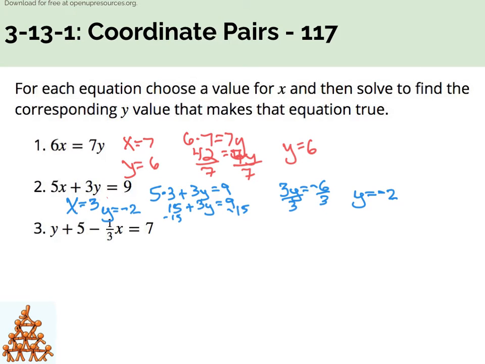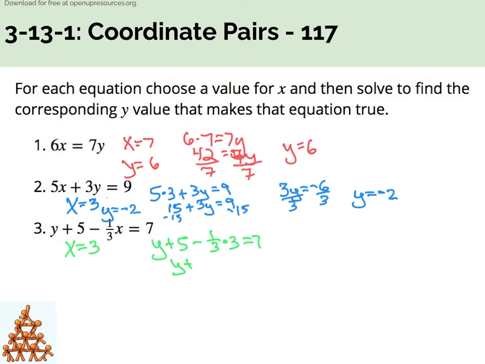And then let's do number 3. I'm going to try to get rid of this fraction. If I take 1/3 and multiply it by 3, I know that makes a 1. So I'm going to say x equals 3, because then I'm going to have y plus 5 minus 1 over 3 times 3 equals 7. 1 over 3 times 3 is 1.